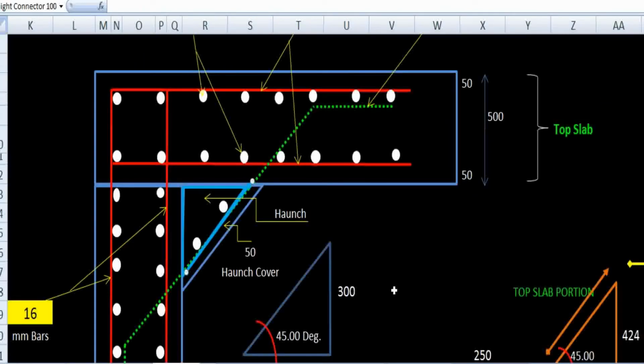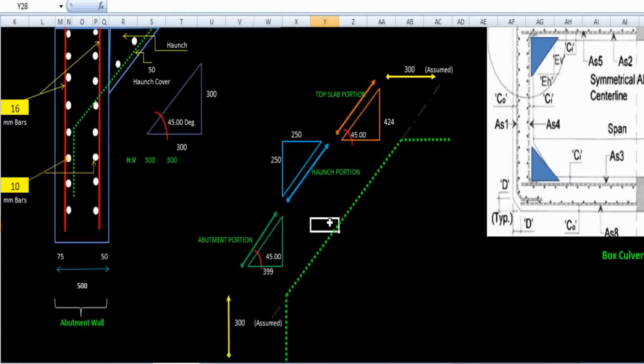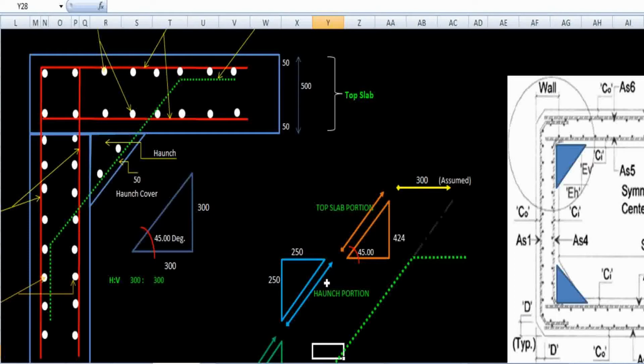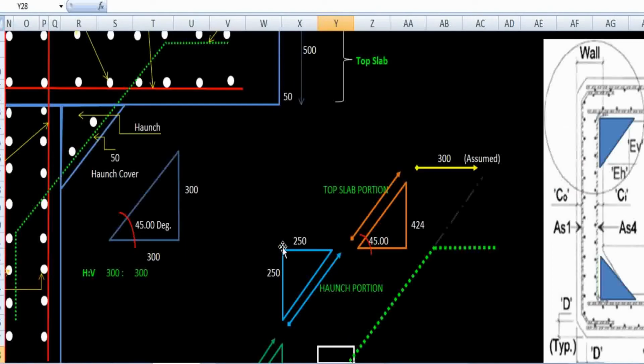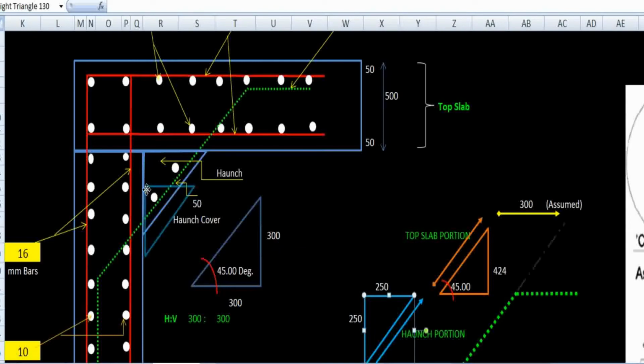Okay, so just look at this portion. To calculate this length we have to find out the length of this base and perpendicular. Okay, so if I place this triangle here, what does it become? From here to here we have the dimension of 300 millimeter horizontal and 300 vertical.